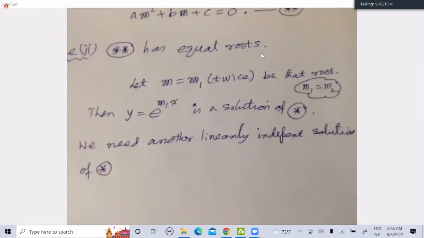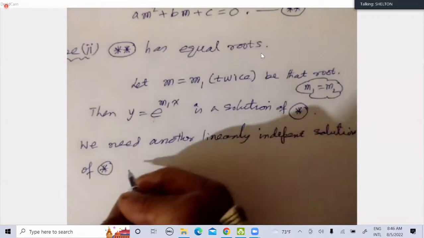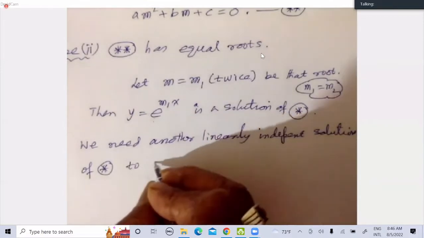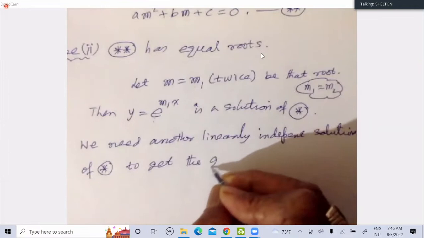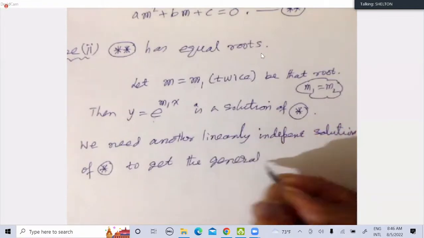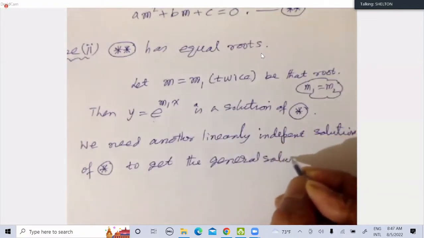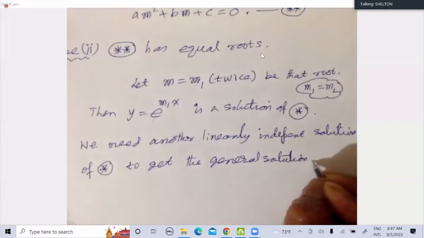We need another linearly independent solution of star to get the general solution, GS, the general solution.